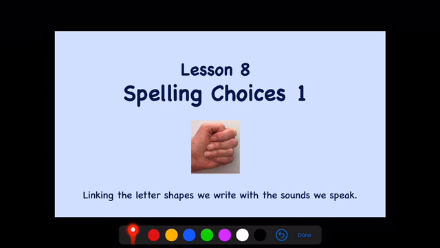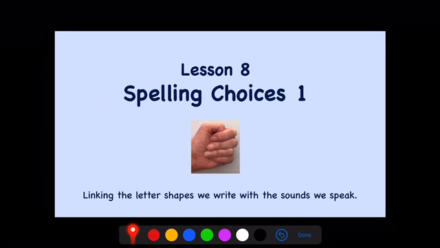If we were singing the short vowel song, this is where we would point to for a, i, and o. Those are the short vowels that we have covered so far.